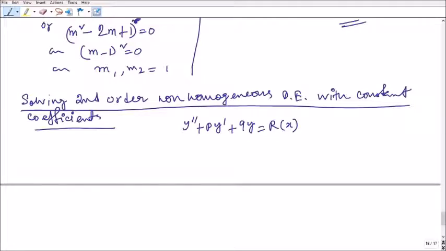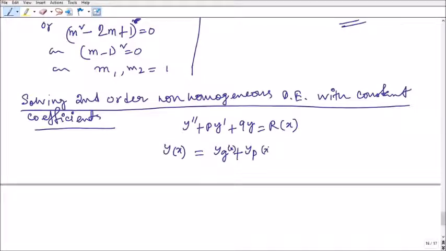Now there are various methods of solving this non-homogeneous differential equation. Before discussing several methods, we write the complete solution as y of x equal to yg of x plus yp of x.